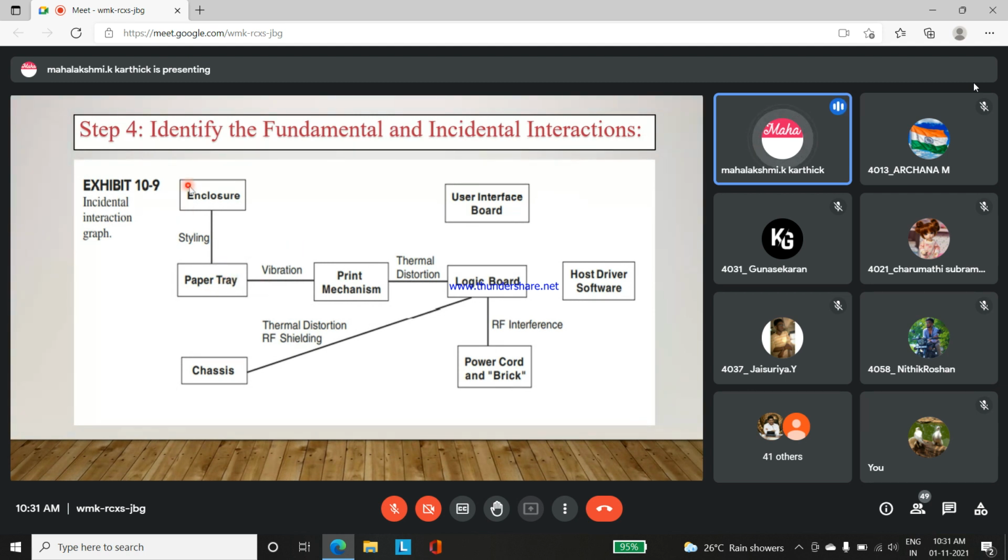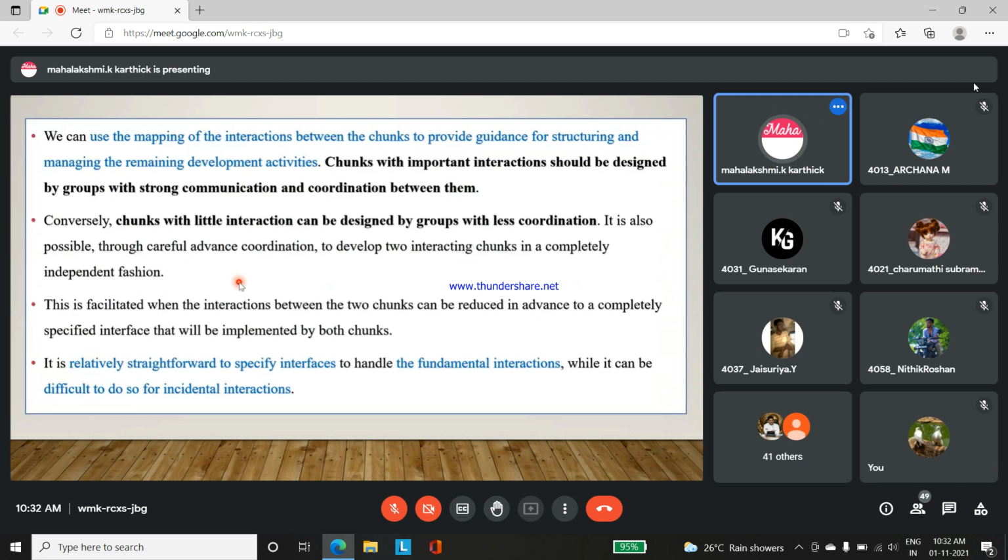So when these two teams coordinate together, only then can they rectify it, they will find out what the impact is when two chunks are built inside a product. So automatically coordination is needed here, communication between the teams. So chunks with little interactions can be designed by groups with less coordination.